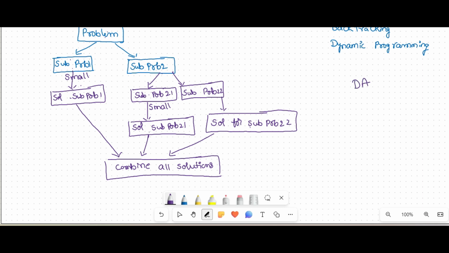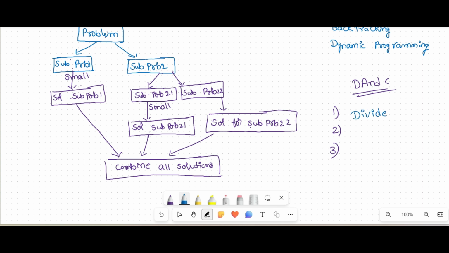Divide and conquer, what does it mean? It involves, remember, three steps. First step is to divide the problem into sub-problems. If a sub-problem is small, then find the solutions for the small problems, and then combine all the solutions to get the solution for the main problem.